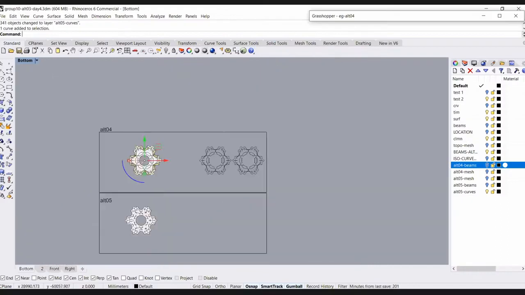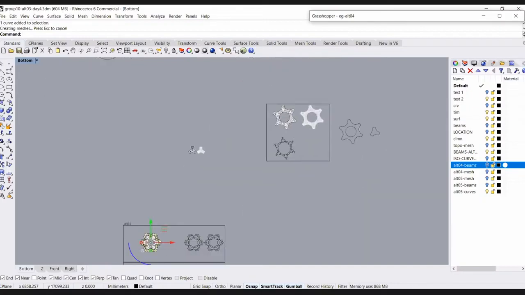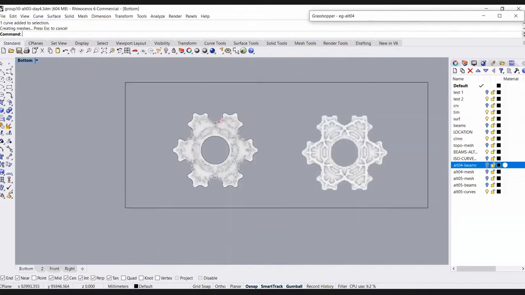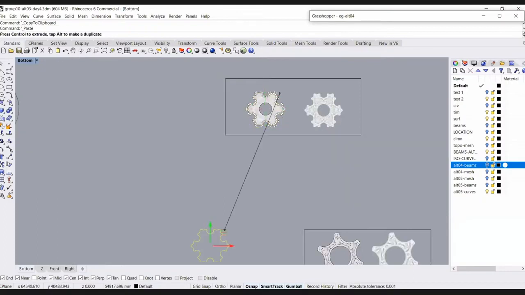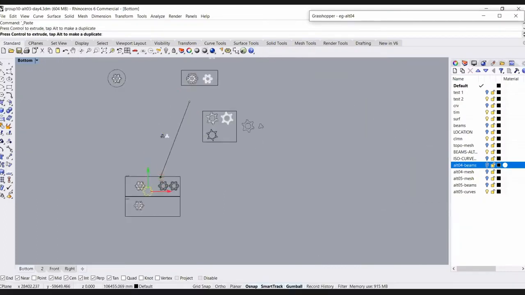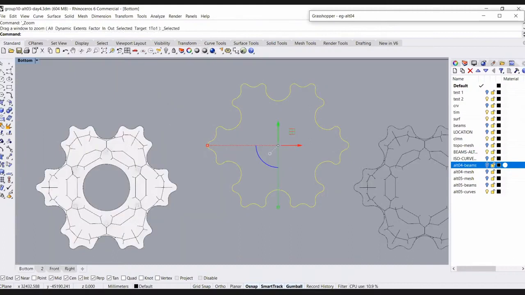I don't think I have the previous one to see the difference. I'm sorry. Okay, this one was our previous.